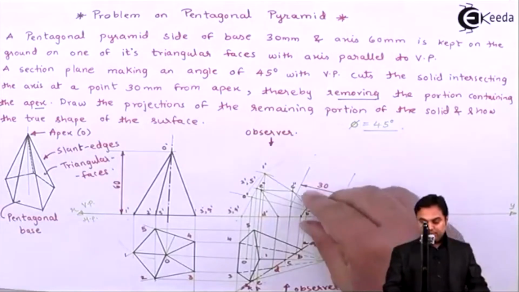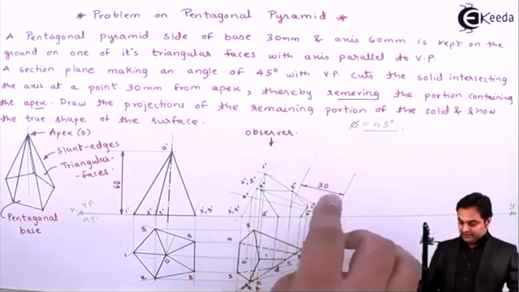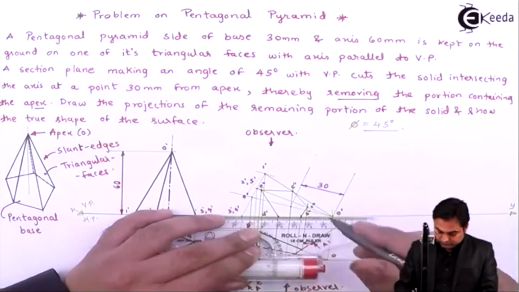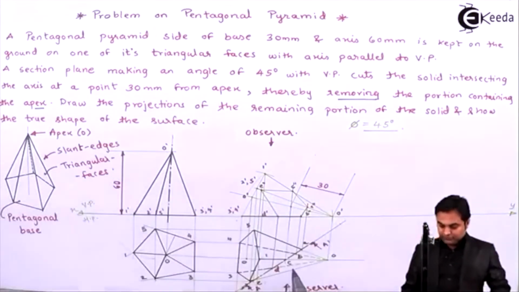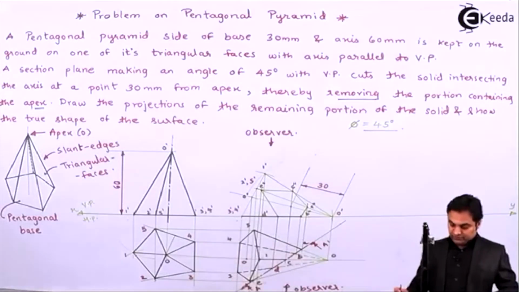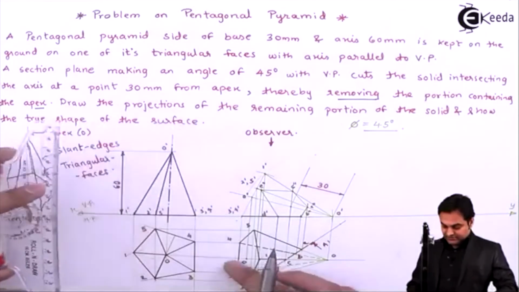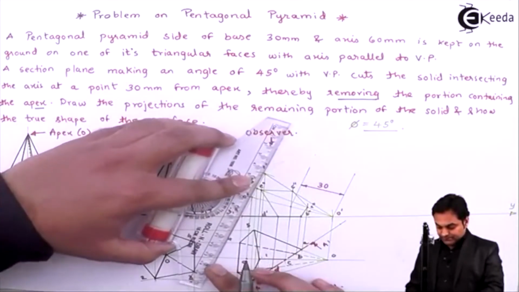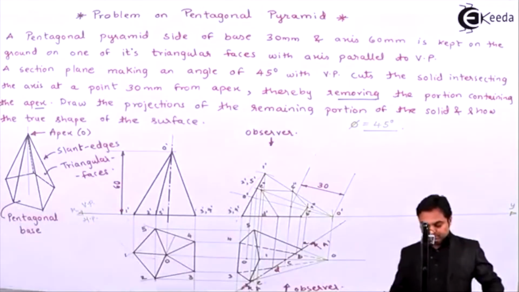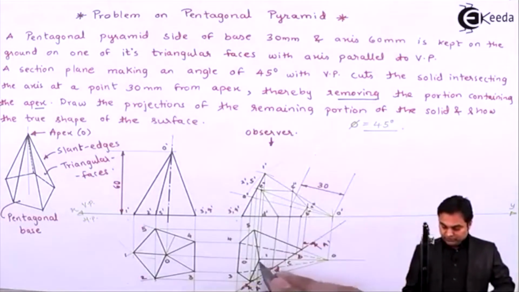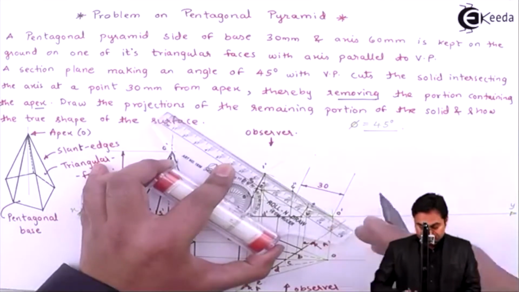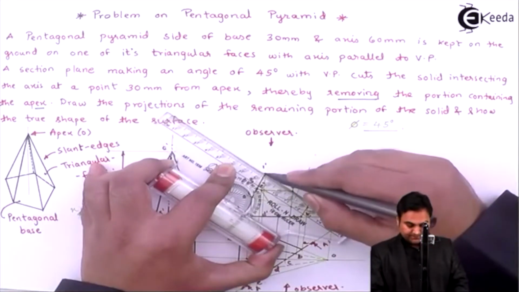Next, the apex portion has been removed, so this will be light. I'll make the remaining things dark. So B double dash, B to D is visible, and up to 3 and 4 that is also visible. Next, this entire base is there, making that dark. 1 to C is connected, so 1 double dash, C double dash, connecting with the help of a dark line.